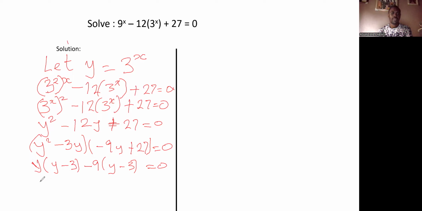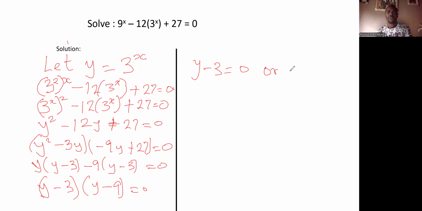So we have y minus 3, then y minus 9 is equal to 0. So y minus 3 is equal to 0, or y minus 9 is equal to 0. So y is equal to 3, or y is equal to 9.